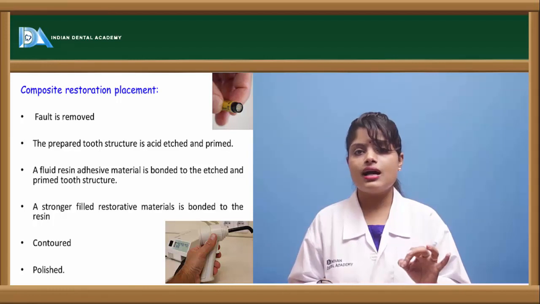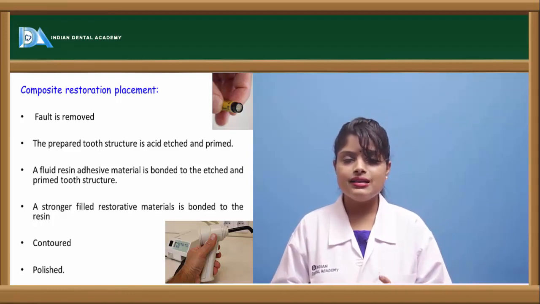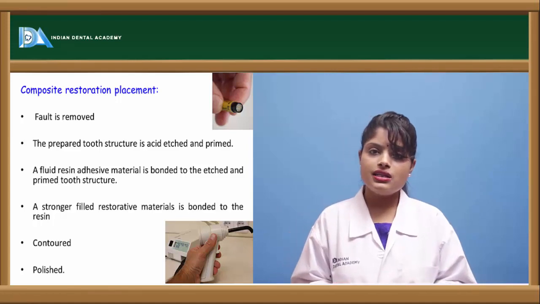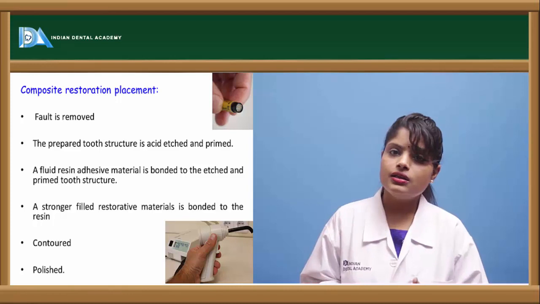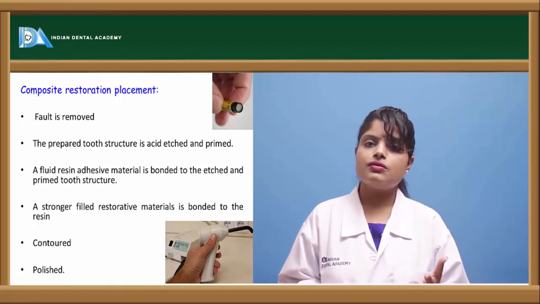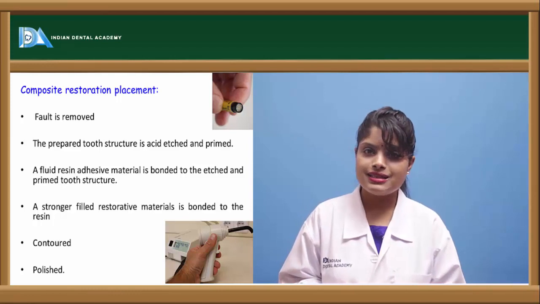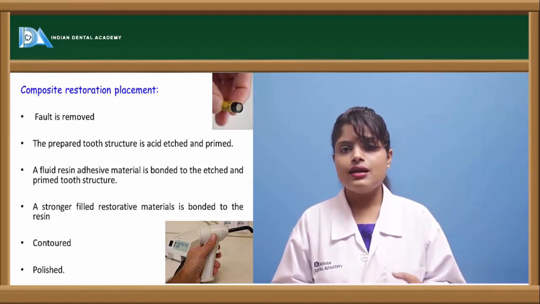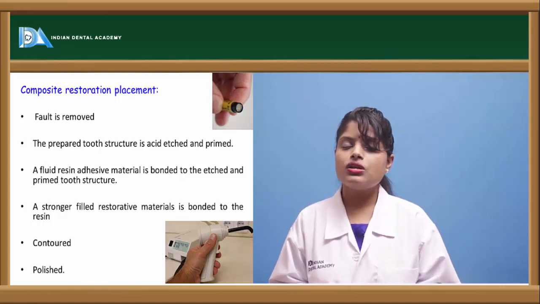Then we etch by means of 5% polyacrylic acid, or phosphoric acid, and after etching the surface is properly washed by a jet of water for 10 seconds. Then it is dried. Then the bonding agent is applied for 20 to 30 seconds.